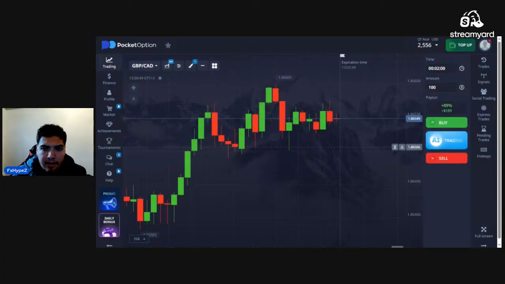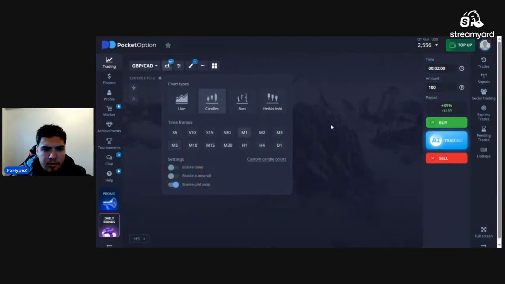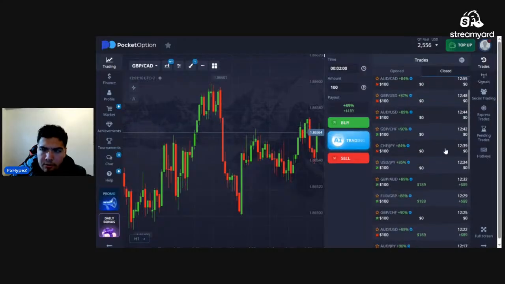I would combine it with other confluences and I would be more strategic about it. And I think that's what I'll probably do tomorrow. I'll come back tomorrow and we'll use the AI trading feature again. This time I'll probably go down to the 1 minute time frame, just because the average trade duration it was opening was 1 to 3 minutes.